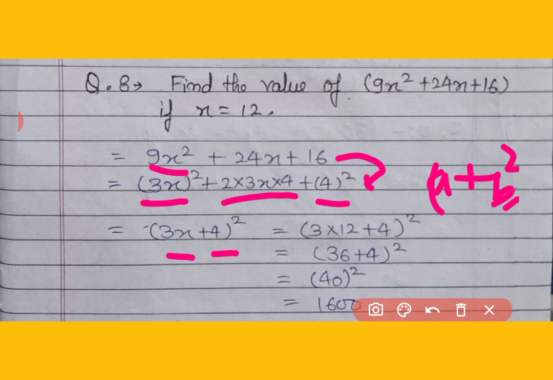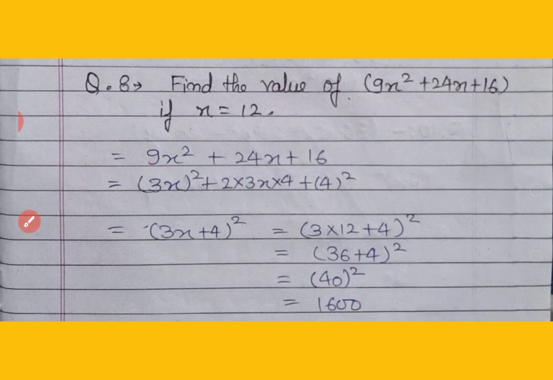Now 3 is multiplying with x, so 12 will multiply with 3. 12 threes are 36, plus 4 whole square. Now 36 plus 4 is equal to 40. 40 whole square is equal to 1600. So the value of 9x square plus 24x plus 16 if x value is 12 will be 1600.